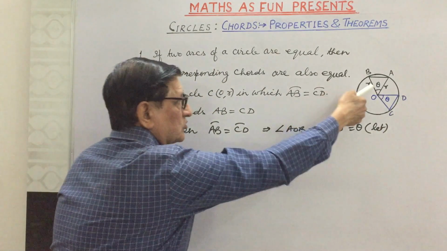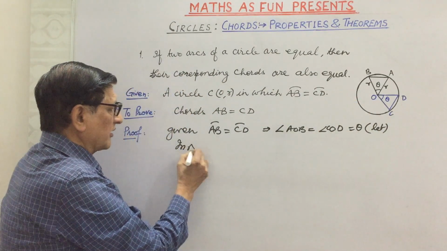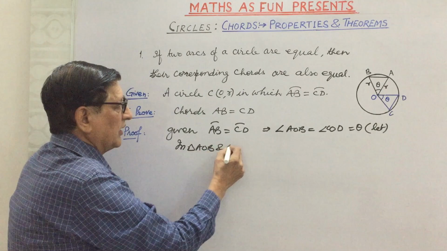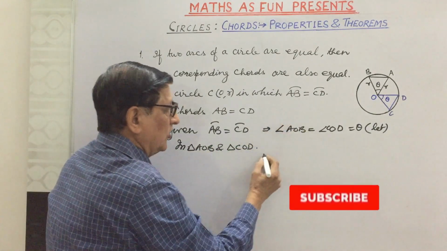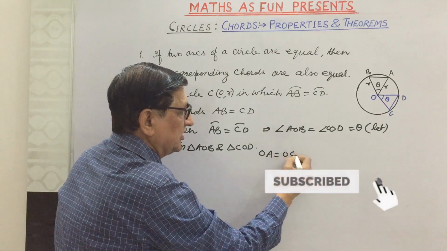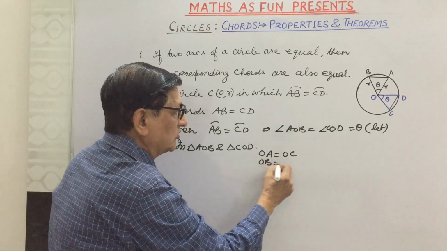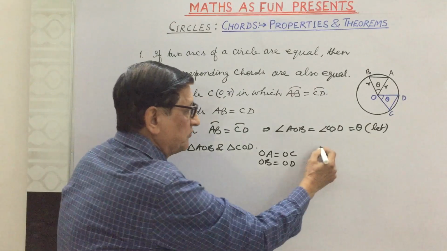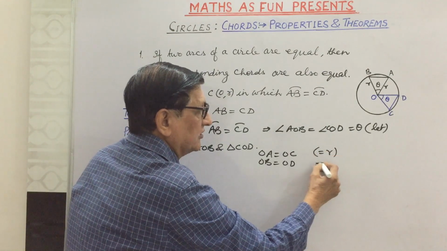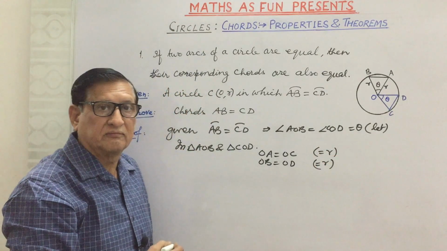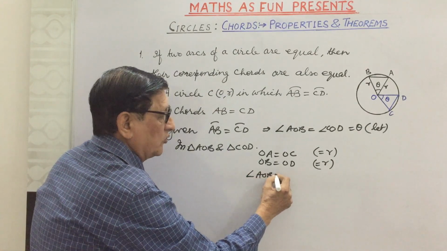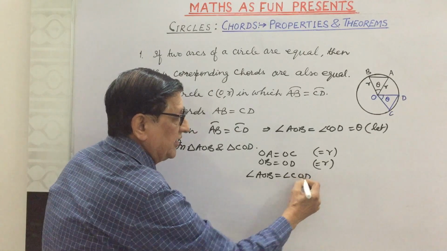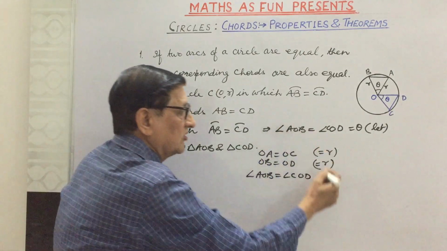Now we can go to these two triangles. In triangle AOB and triangle COD, what we find? OA is equal to OC. And OB is equal to OD. Why? Because both are the radii of the same circle. Then angle AOB is equal to angle COD, that we have just now proved.